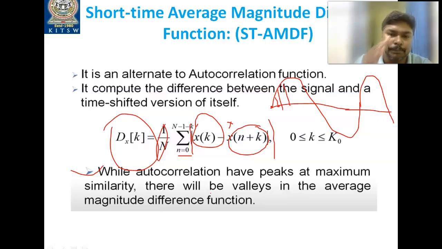When you plot the autocorrelation function, the peaks will be maximum, but in the average magnitude difference function we get the deep valleys.